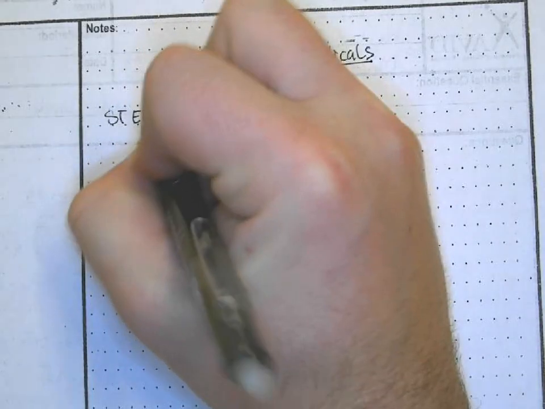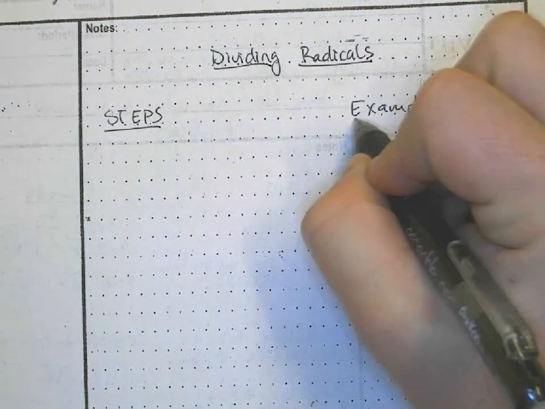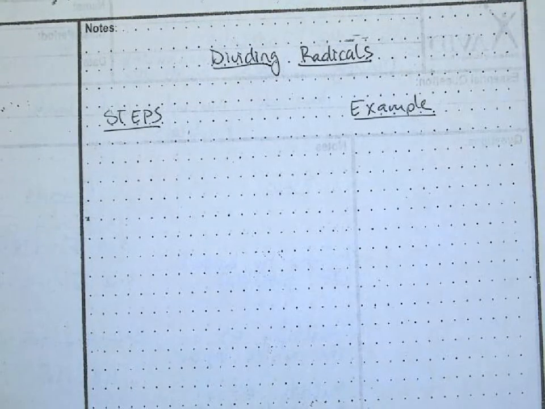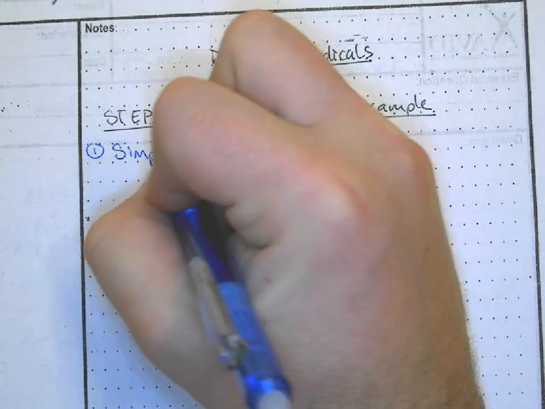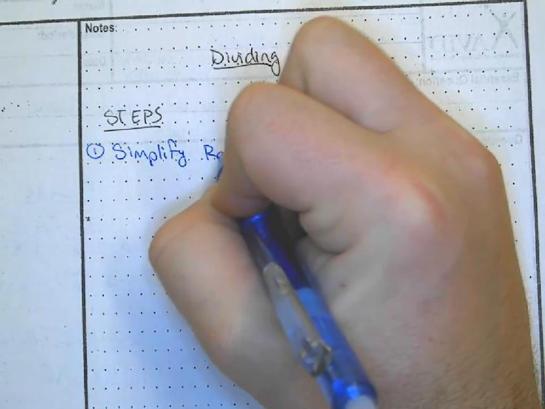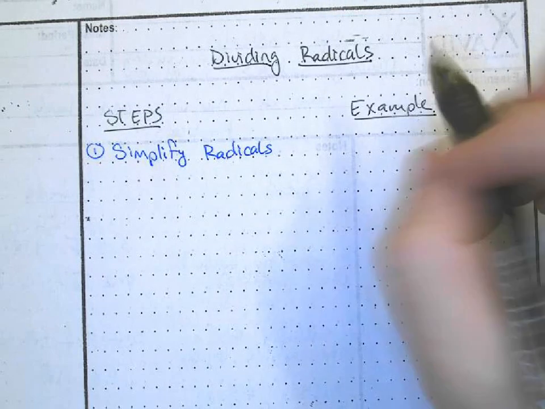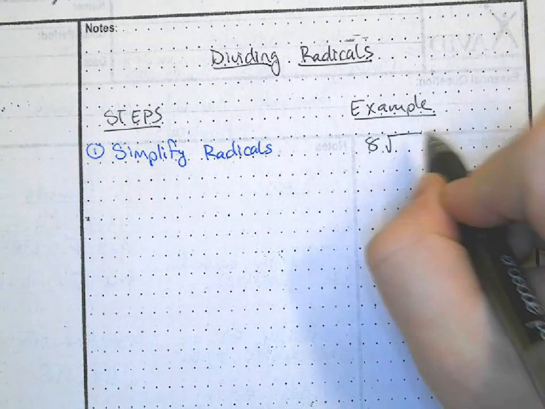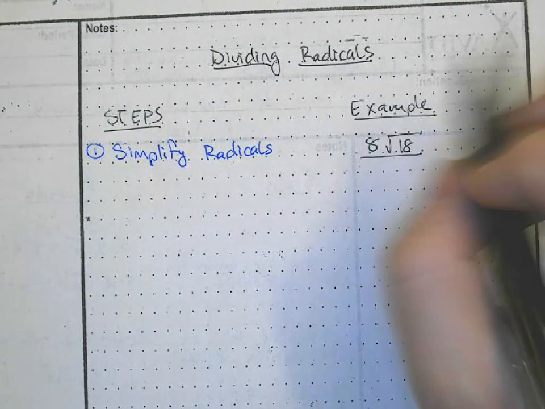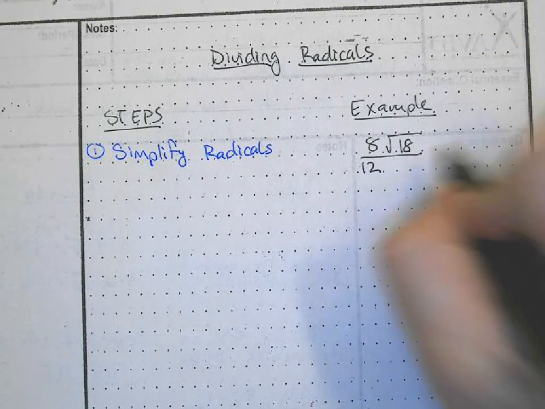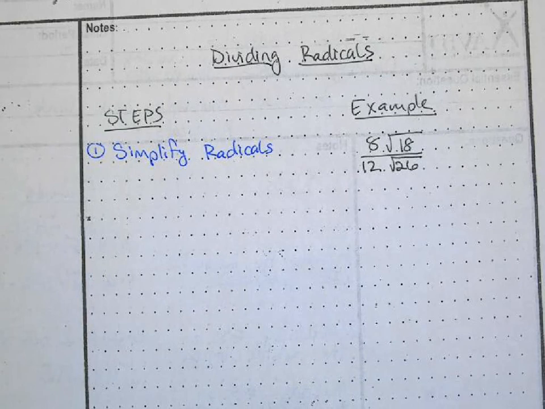So let's put our steps in our example. So step 1. Simplify radicals. Here's our example. 8 root 18 over 12 root 26.